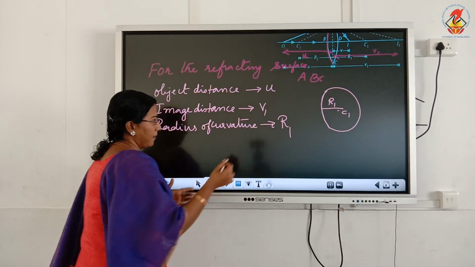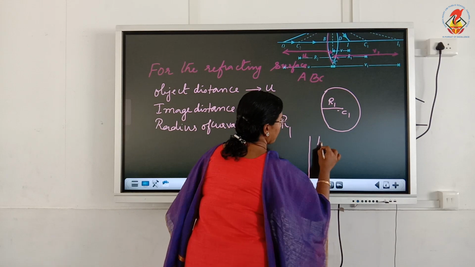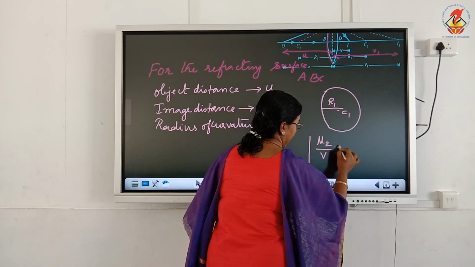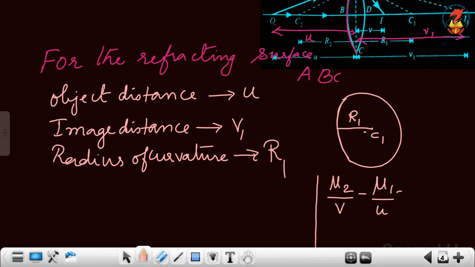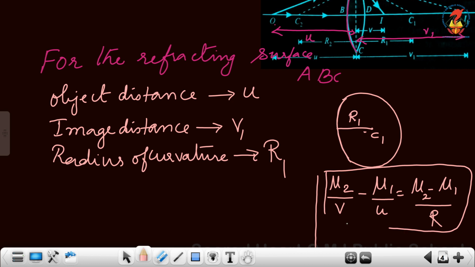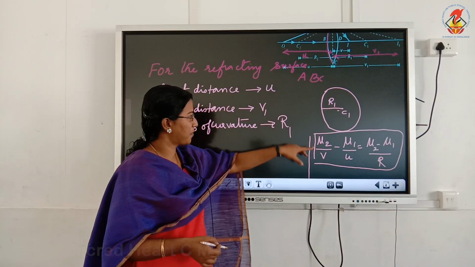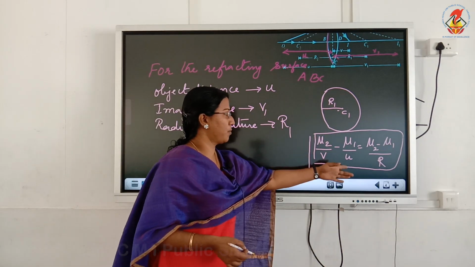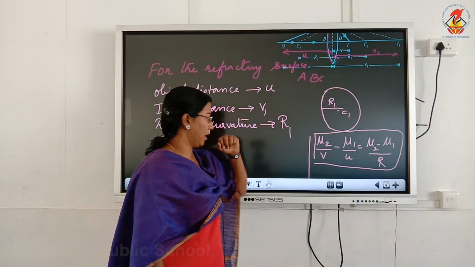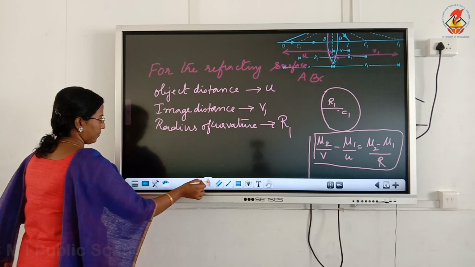What was that equation? It is mu2 by V minus mu1 by U is equal to mu2 minus mu1 by R. This was the equation which we obtained for a convex spherical surface in the previous video. Same equation we are using, and we are going to substitute the values for image distance, object distance and radius of curvature. So what will be our equation?